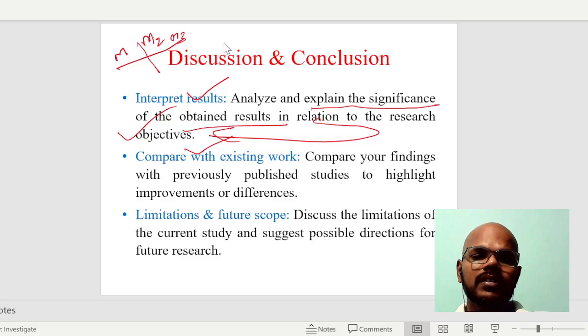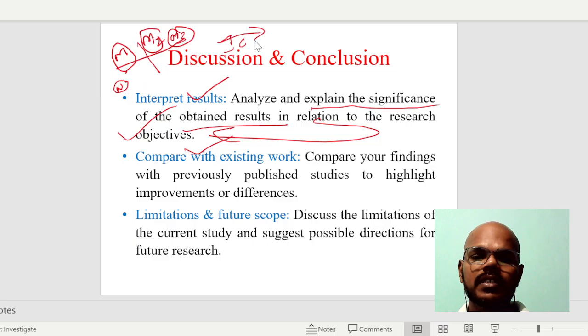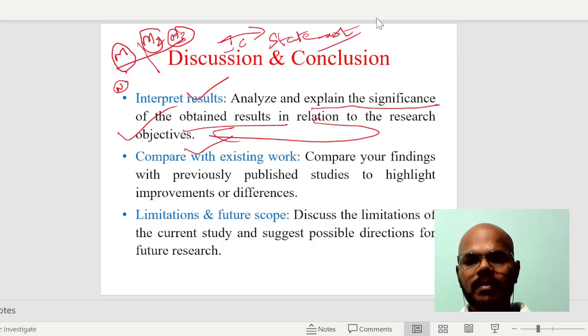You introduce a new problem, like in image classification. You are presenting the model M, which is your novel model. So you have to compare it with the previous models, M2 and M3, which already exist in the state of the art.